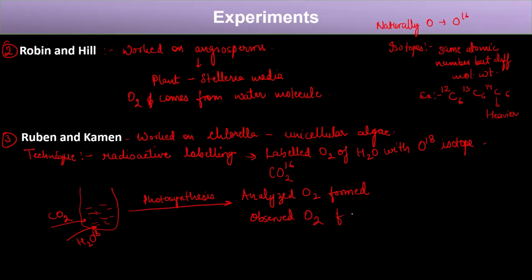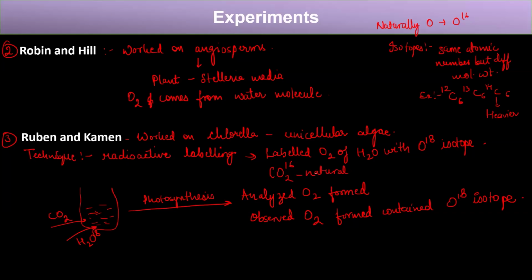So the oxygen formed contained the O18 isotope. From this, what did they find? They radio labeled the oxygen of the water molecule while the carbon dioxide was as it occurs naturally.